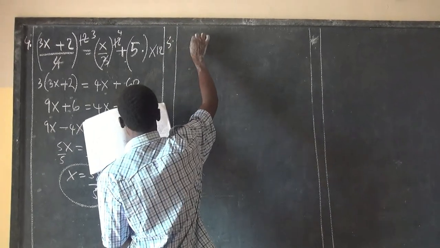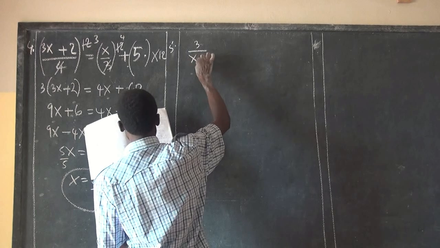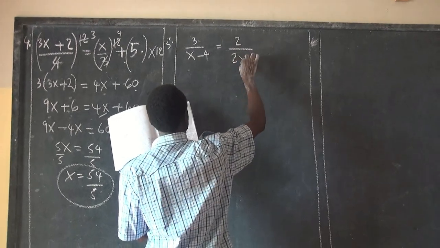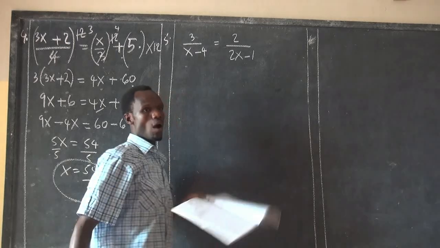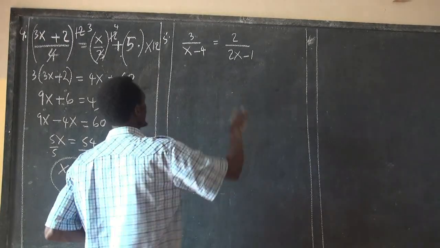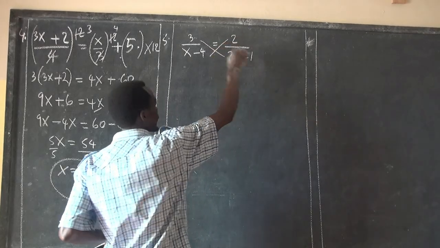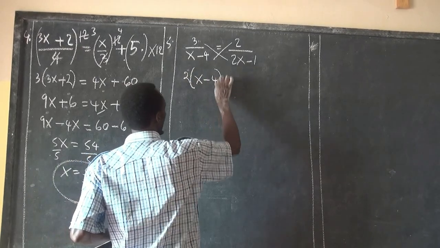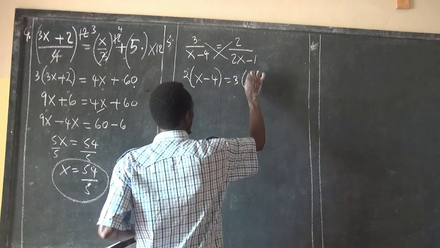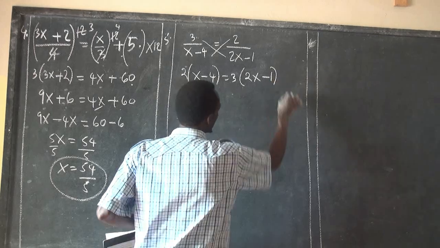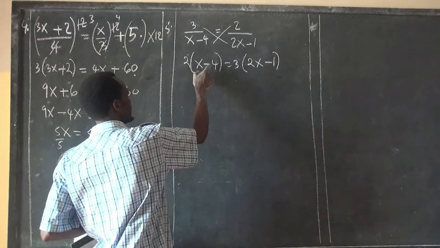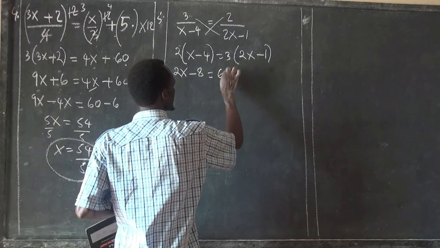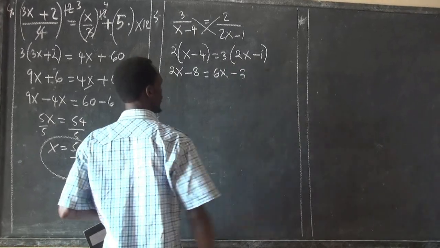Now example number 5, we have 3 over x minus 4 is equal to 2 over 2x minus 1. Now you cross multiply. Then you have 2 in bracket x minus 4 is equal now to 3 in bracket 2x minus 1. Then open the bracket, you get 2x minus 8 is equal now to 6x minus 3.